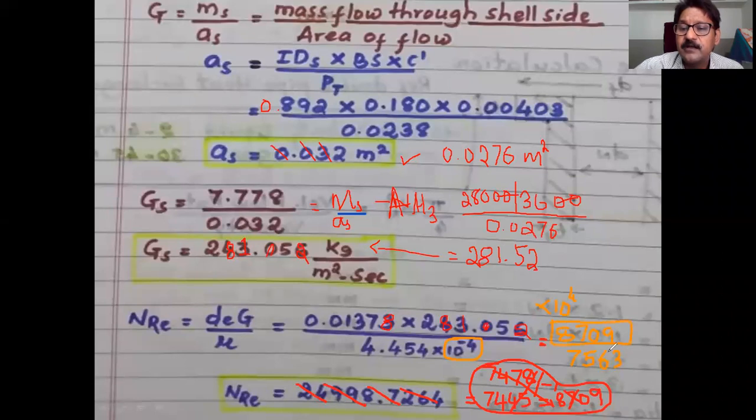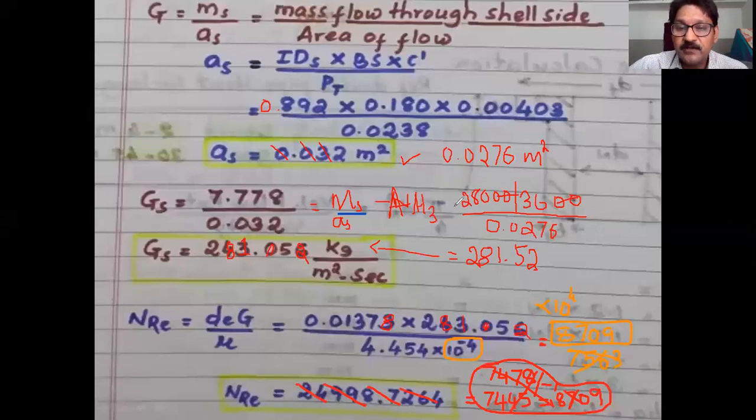How you are calculating? Why are you telling other answers? Very simple calculation. 0.01378 multiply by 281.52 divided by 4.454 multiply by 10,000. Answer is 8709.